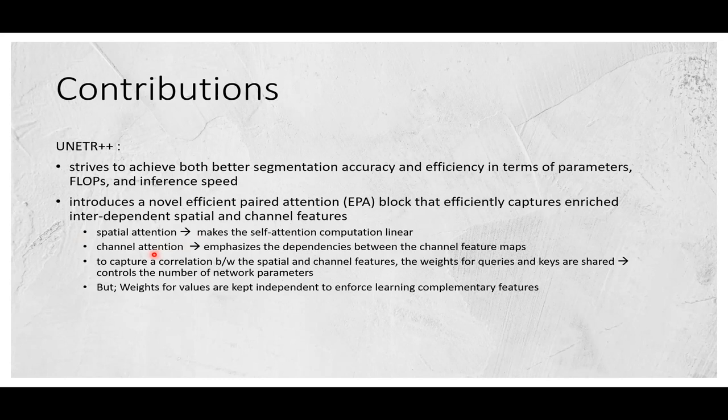On the other hand, our channel attention, by a dot product operation between queries and keys, emphasizes the dependencies between the channel feature maps. We share the weights for queries and keys across these two branches in order to capture a strong correlation between them, and by doing so, we also control the number of network parameters.